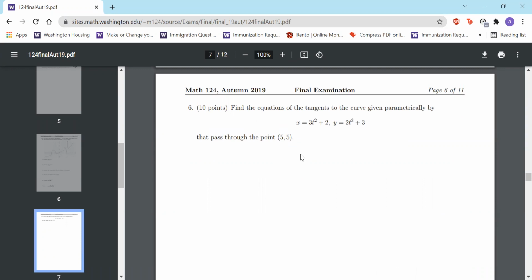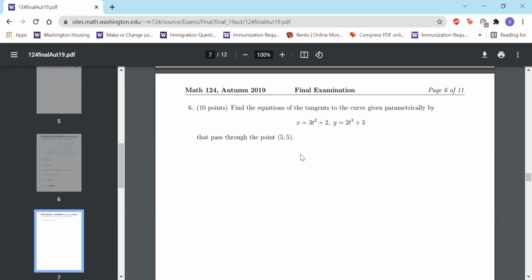For a horizontal tangent line, the numerator is 0, because a tangent line is horizontal when the derivative is 0.